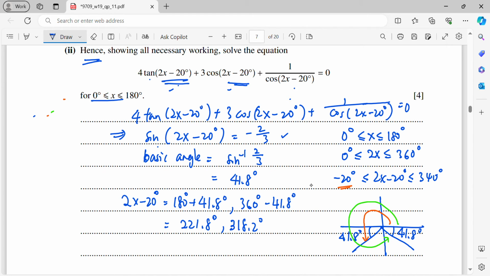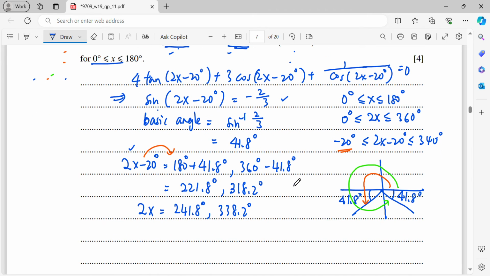So now, before you get the x, you need to get 2x first, which means this minus 20 moves to the other side and becomes plus. So 2x will be 221.8 plus 20, so I will get 241.8 degrees, and 318.2 degrees plus 20, that is 338.2 degrees.